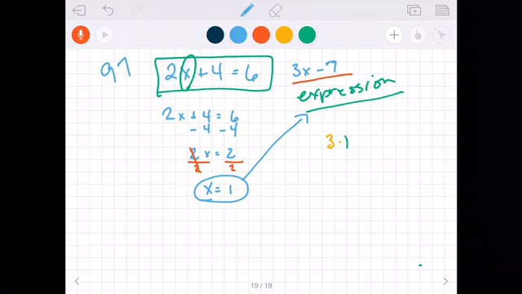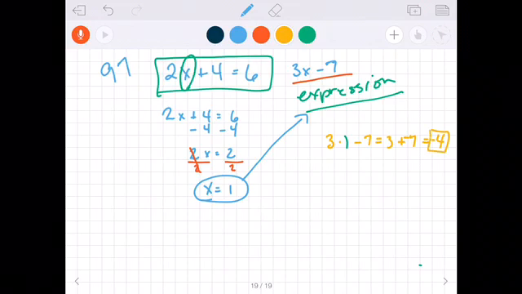So 3 times 1 minus 7 equals, well, that equals 3 minus 7, which equals, remember, that's the same as 3 plus negative 7. All right, so that gives us a negative 4. So negative 4 is our actual answer for that problem.